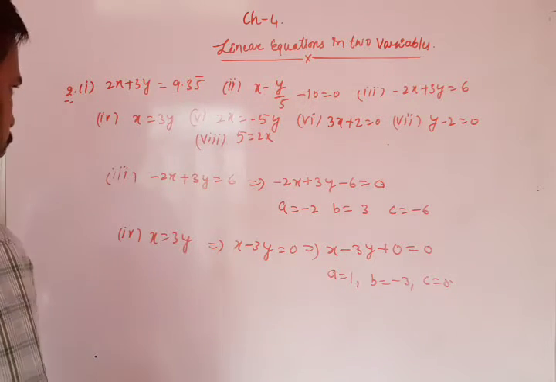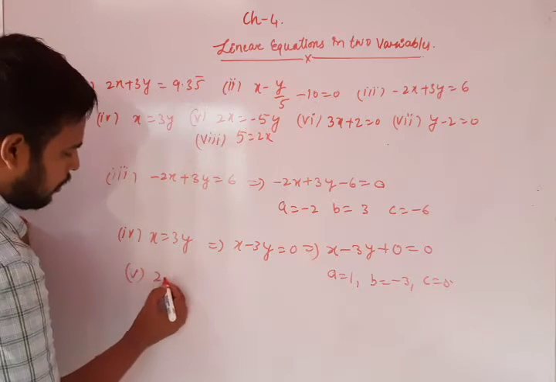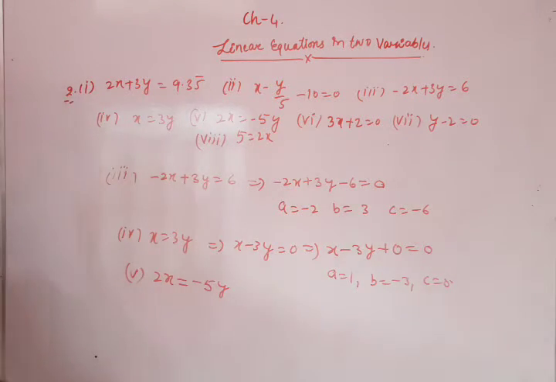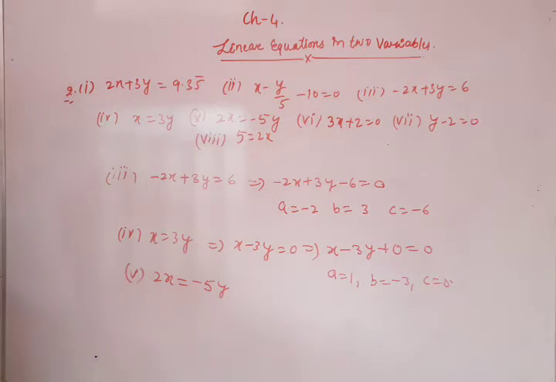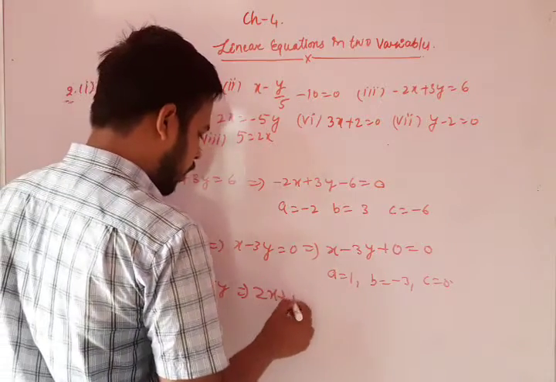Now moving to question number 5. What do we have in question number 5? 2x equals minus 5y. When you bring minus 5y to this side, it will become plus. So 2x plus 5y.